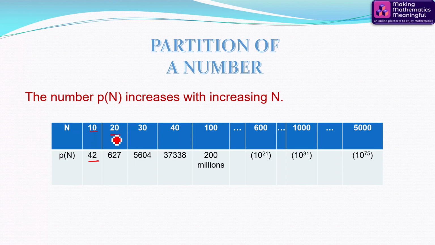When n is 20, the total number of partitions becomes 627, and as n increases, p of n also increases. For example, if we talk about n equal to 100, p of 100 is approximately 200 million. So it's a huge number.